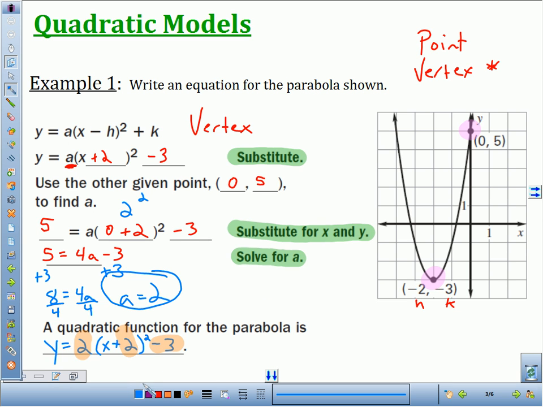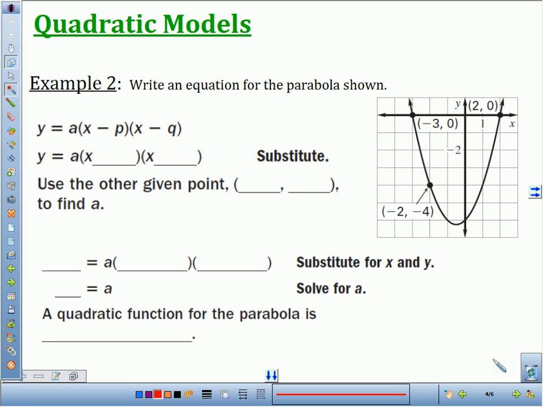Now let's look at an example using the intercept form. Looking at our graph over here on the side, I see I have a parabola. I'm given the point (-2, -4). That's one point I'm given. I'm also given the x-intercepts of -3 and 2.